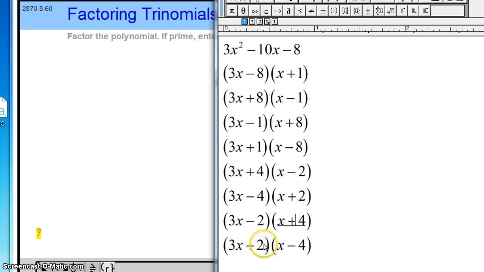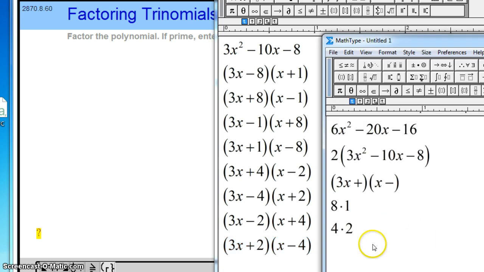If we do the inner, positive 2x minus 12x, that's minus 10x. So we found that the only possible thing we could FOIL to get this is this factor, right?